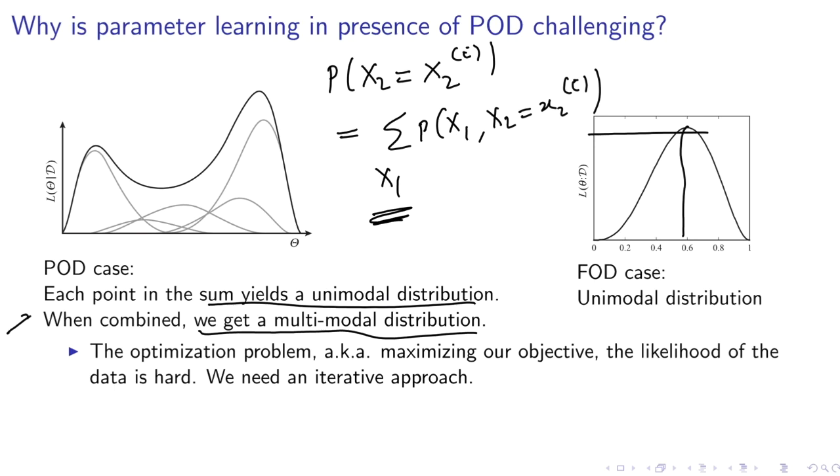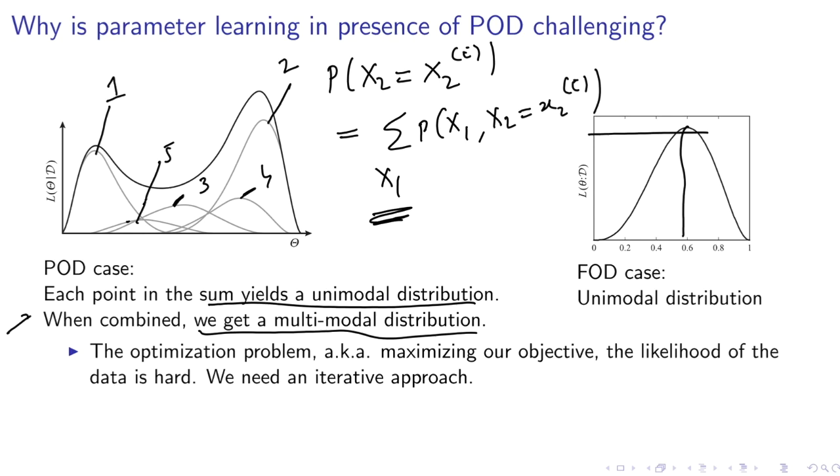So for instance, let's say x1 takes 5 values. For each one of those 5 values, we will get a unimodal distribution, and let's say the unimodal distributions are these. So this is for x1 equals 1, this is x1 equals 2, this is x1 equals 3, this is x1 equals 4, and this is x1 equals 5. So we have 5 peaks corresponding to different values of x1.